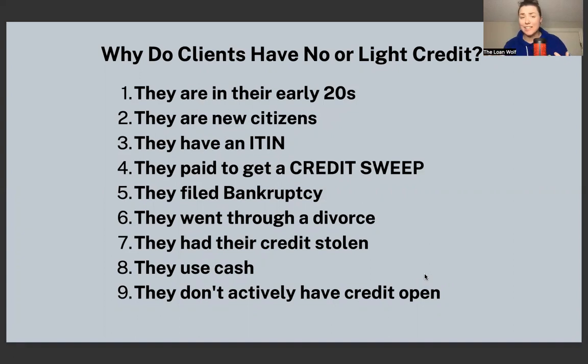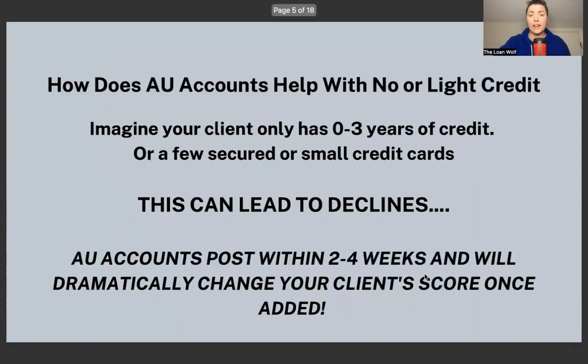They could be new citizens. They may have an ITIN. They could have paid for a credit sweep or filed bankruptcy, went through a divorce, had their credit stolen. Maybe they use cash for things, or they don't actively have open credit. So these are the most common situations where we see that clients or yourself may have no or light credit.